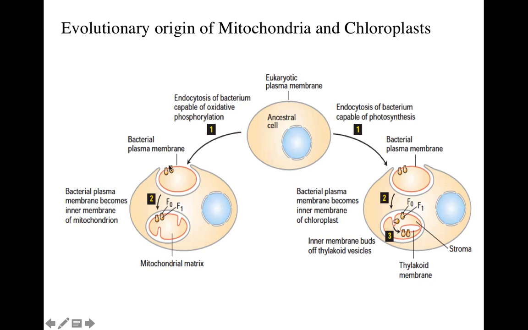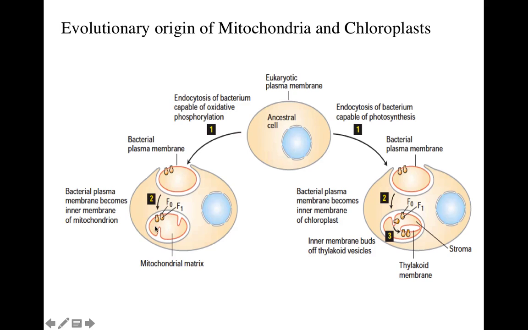When this was engulfed, it was like phagocytosis. This led to the formation of a vesicle, a double membrane vesicle. The outer membrane originated from the membrane of the eukaryotic cell itself, while the inner membrane originated from the bacterial plasma membrane.